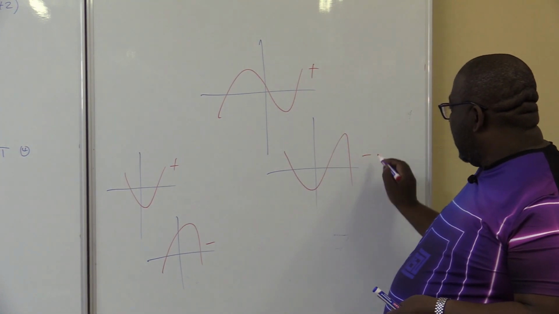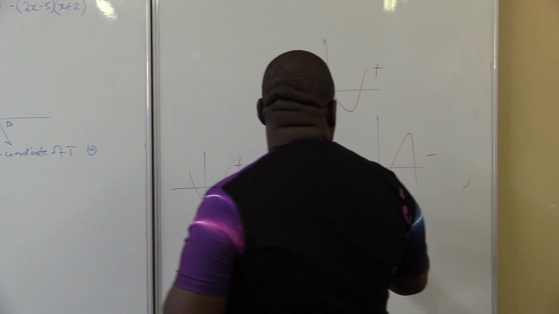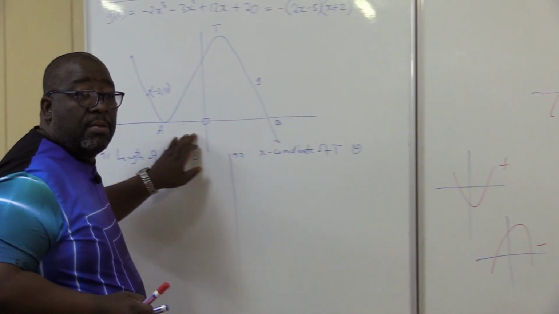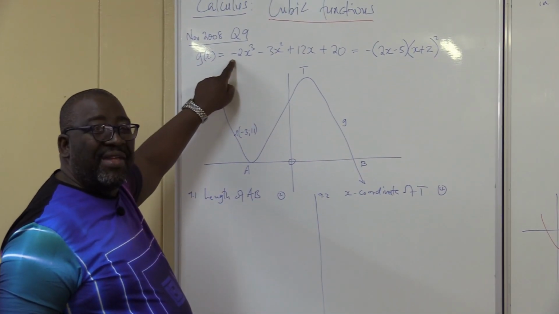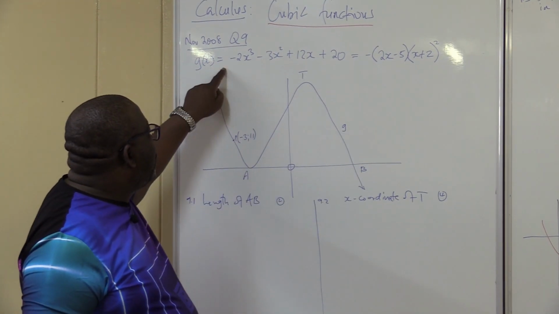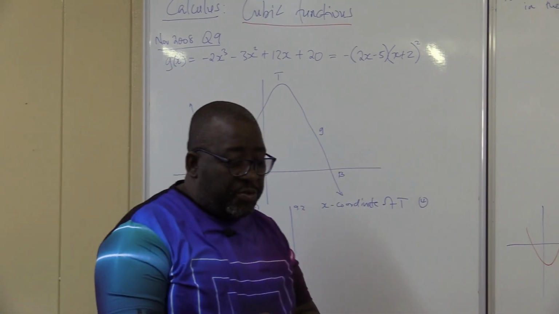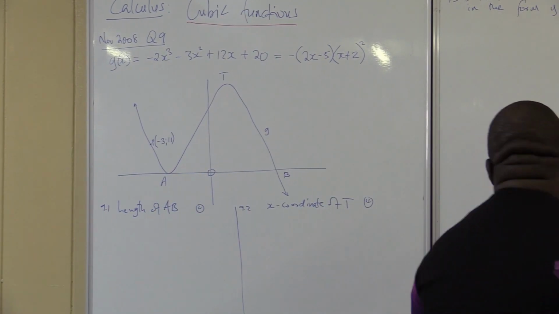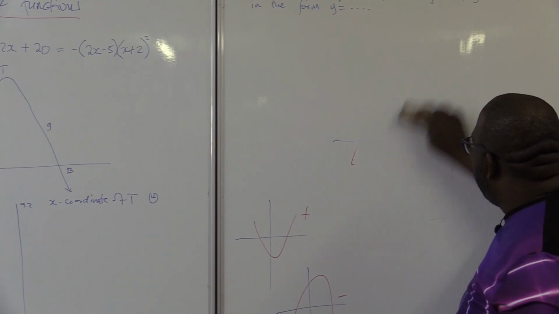This one is negative. It will have a negative value at the beginning. When I look at this graph, it is the same as this one. It is negative. If it is negative, I know that the shape will look like this one. If it is positive, it will be the other way around. So you must be able to see when the graph is positive and when it is negative. You can see that this one is the same as that one, hence negative.